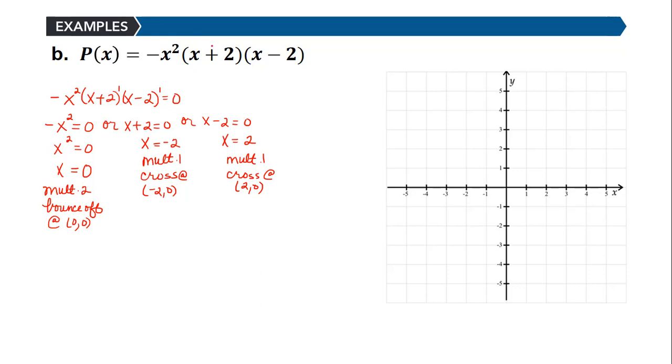And then to find the y-intercept, we find p(0), which will be -0^2 times (0 + 2) times (0 - 2), which is just going to be 0. And as far as the end behavior, this is in factored form, but if we multiply, there's no exponents to apply to these, x + 2 and x - 2.